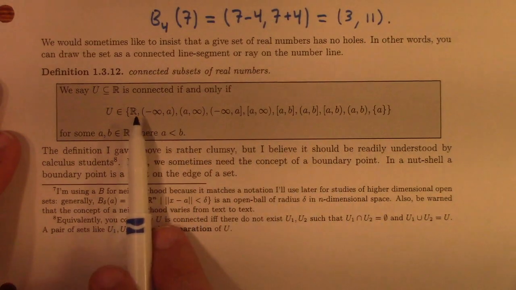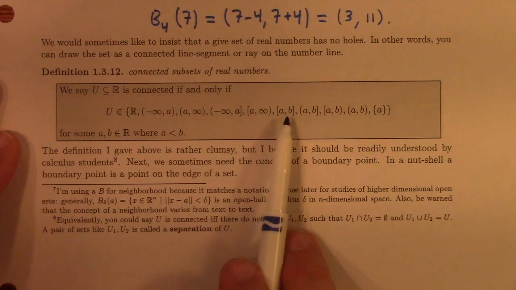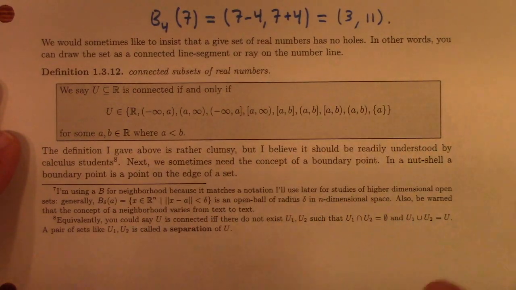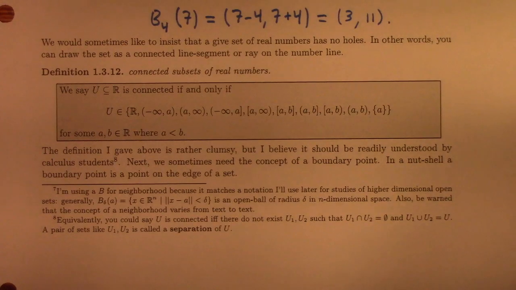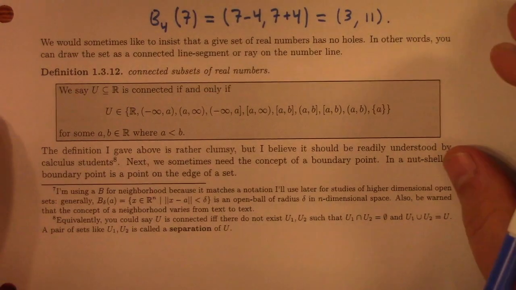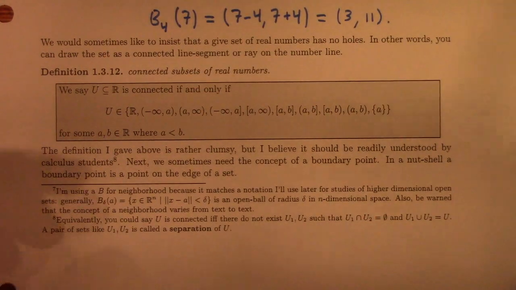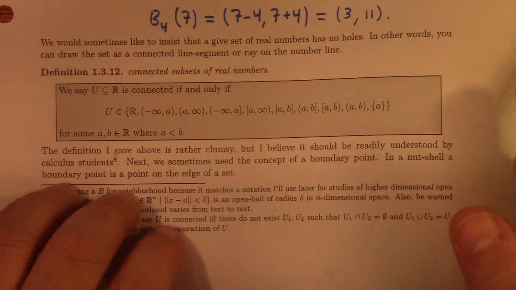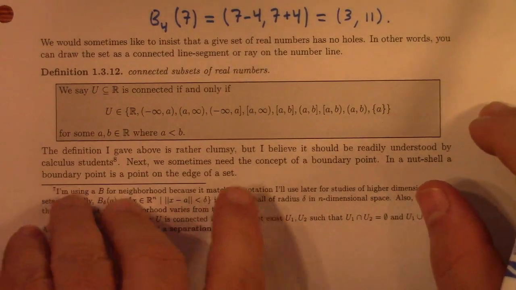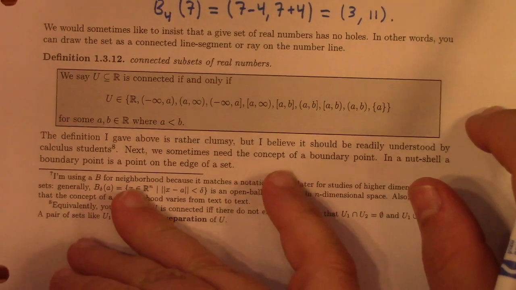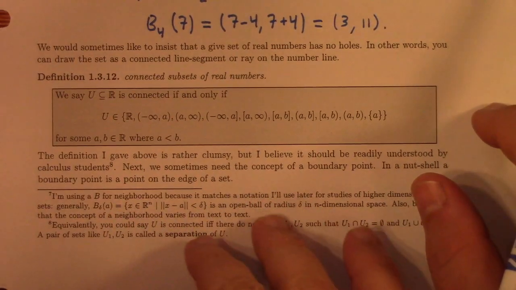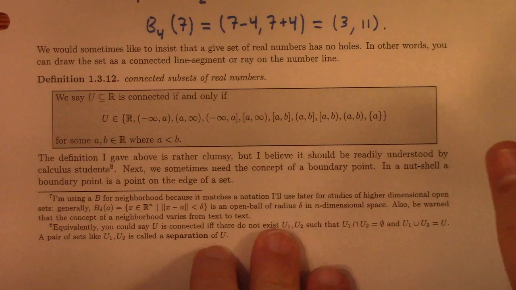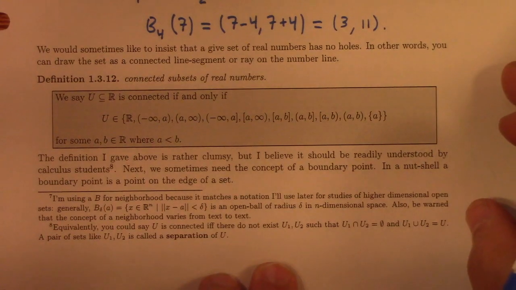So you've got these 1, 2, 3, 4, 5, 6, 7, 8, 9, 10 types of connected subsets of real numbers. Now, this is a kind of clumsy definition of what I mean by connected, but it works for us. There are more sophisticated definitions of connected, but I am resisting those because I'm trying to keep these notes logically complete, but as technically simple as I can.